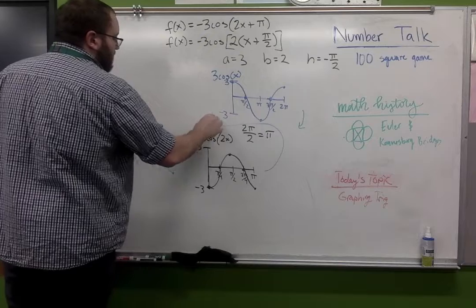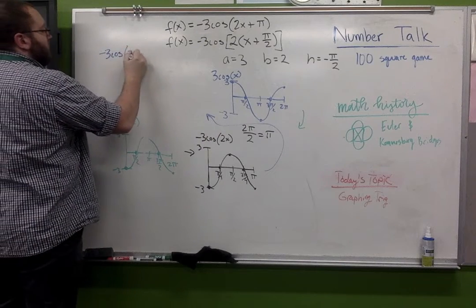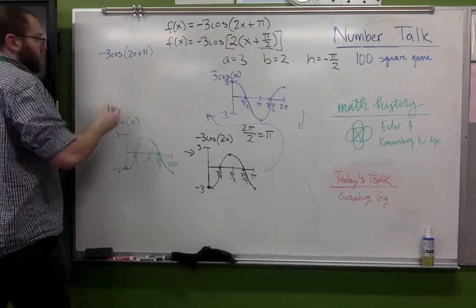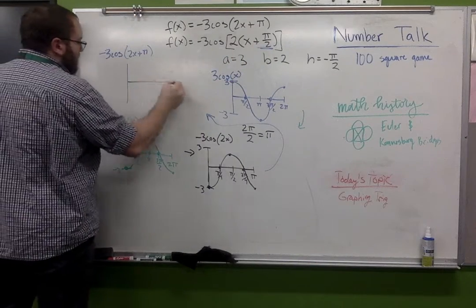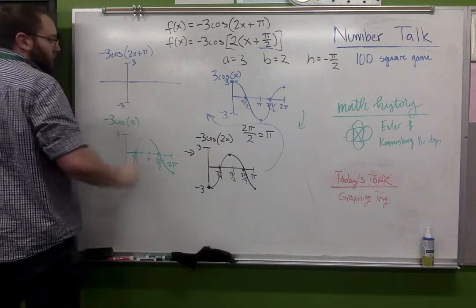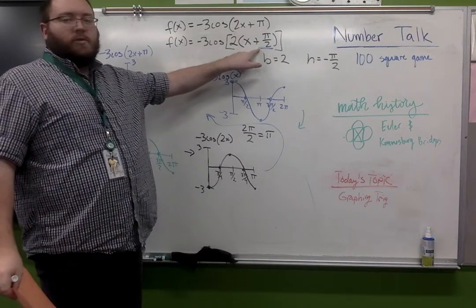This is now going up in here, and we're going to graph the -3 cosine of 2x plus pi. We're doing our phase shift now. We're going to need some negative points, though. 3, -3. All right, so phase shift is positive pi over 2.